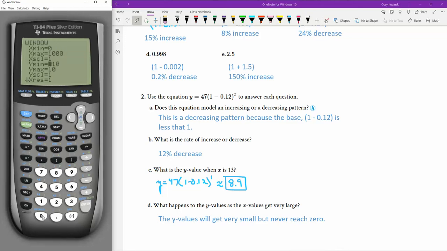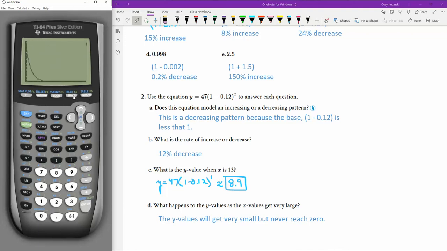And we'll make our y minimum 0 and our y maximum, let's see, initial amount 47, so we'll call it 50. Let's graph that. Oh boy. 1,000 was way too big. How about we go to 100? All right, there's our curve a little bit better.